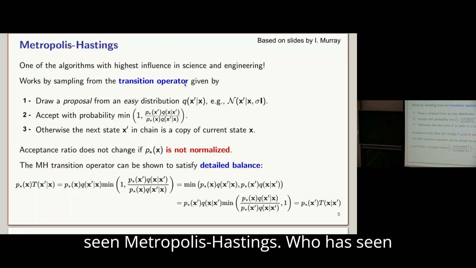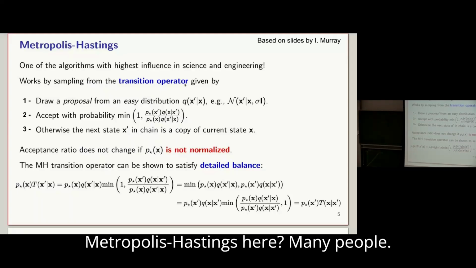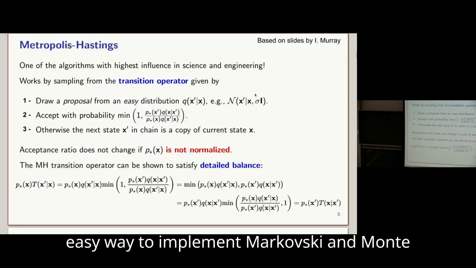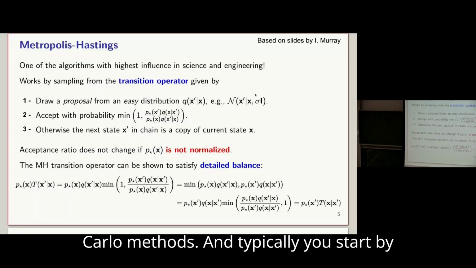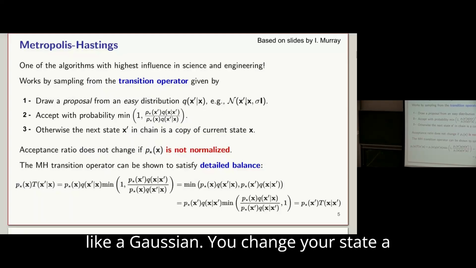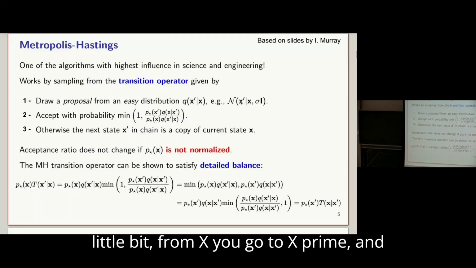Who has seen Metropolis Hastings here? Many people. Okay, good. So it's a very easy way to implement Markov chain Monte Carlo methods. And typically, you start by having a proposal from something simple like a Gaussian. You change your state a little bit. From x, you go to x prime.